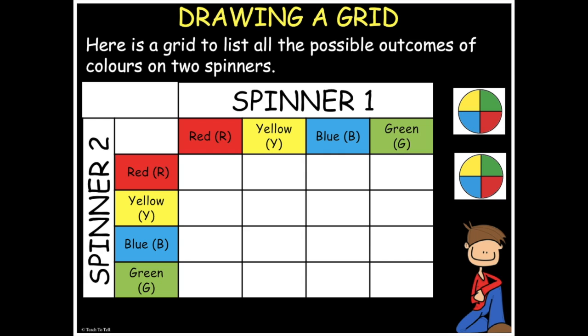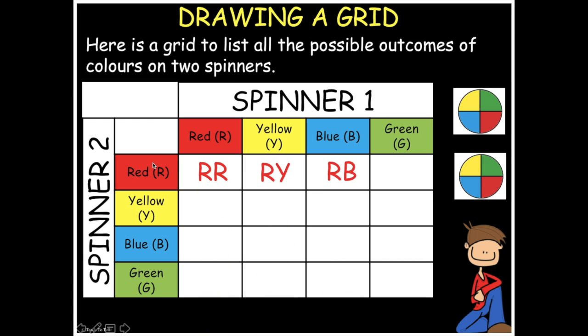Now we have a grid to list the possible outcomes of the colors on 2 spinners. Spinner number 1 has 4 colors, and spinner number 2 down here. So we always use the codes, as we kind of touched on earlier. R and R for red.